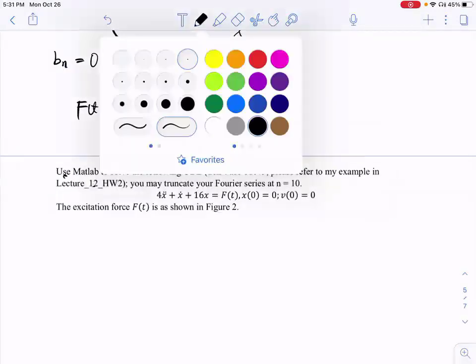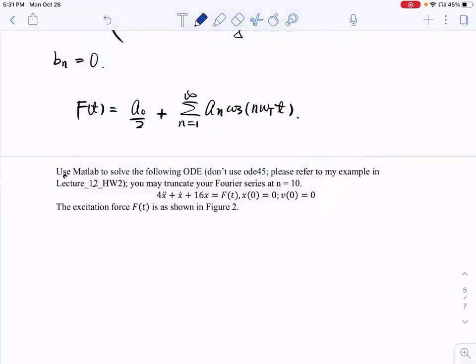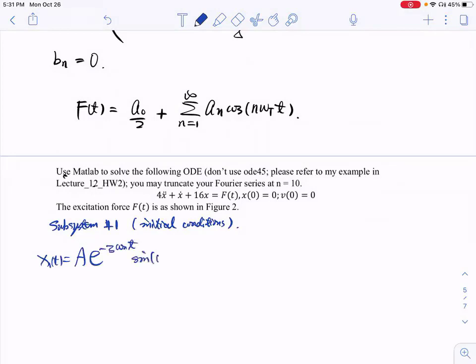So let's look at this system. How many subsystems do we have? Always, you have a subsystem number 1, which is your initial condition. They are all 0, so that's why it's A e to the minus zeta omega n t sine omega d t plus phi.